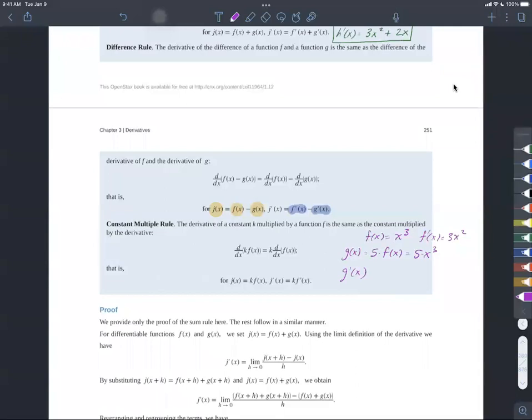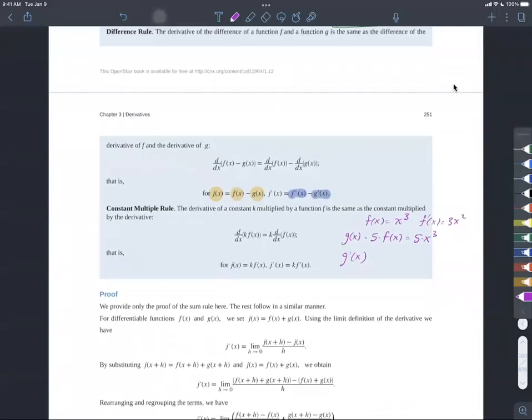Well, that would be unfortunate if we had to use the limit definition, because that would be a lot of work. It can be done that way, but it would be a lot of work, as it was earlier when we did the derivative of x cubed. This constant multiple rule says you can actually just say the derivative of g of x, g prime of x, is going to be just the constant 5 times the derivative of f.